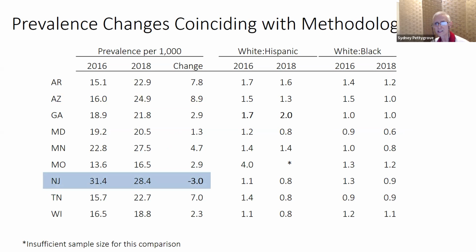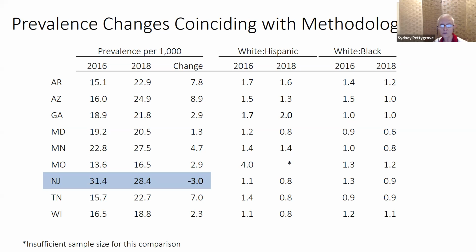Then another question that we had about this change in protocol was whether it would disproportionately affect communities that have disparities in access to healthcare, right? Whether minority kids would be more likely to be left out.